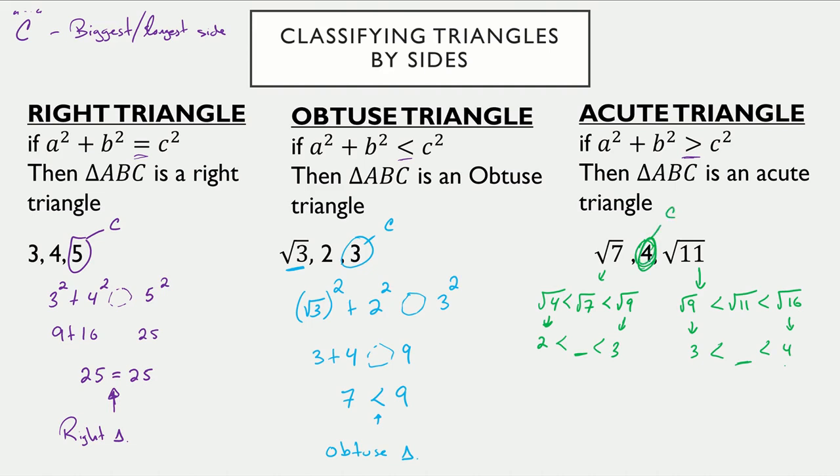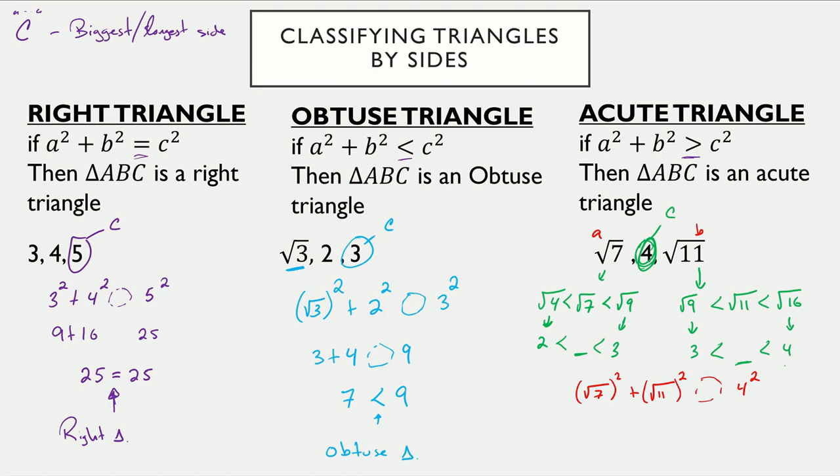That's my biggest side, my longest side. Since that's my longest side, that's C, and these are A and B. So when I square them, we have root 7 squared plus root 11 squared, and I'm trying to see how that compares to my C squared.